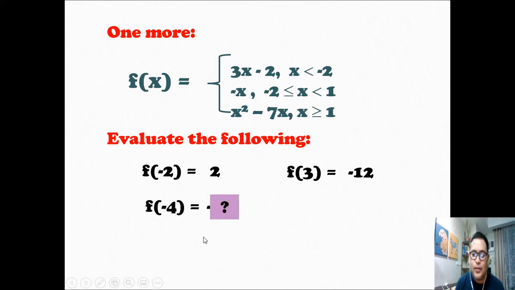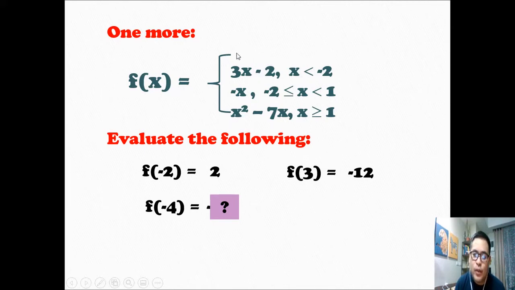Okay, another one. f(negative 4). So where will you substitute negative 4 in these three functions? Okay, is negative 4 less than negative 2? Is negative 4 greater than or equal to negative 2 but less than 1? Or your negative 4 is greater than or equal to 1? Okay, so x, negative 4, is less than negative 2.